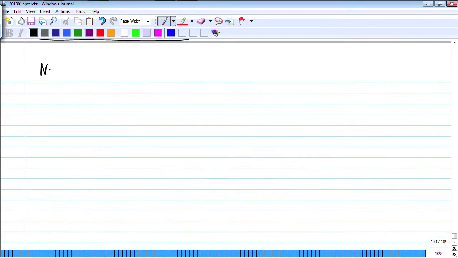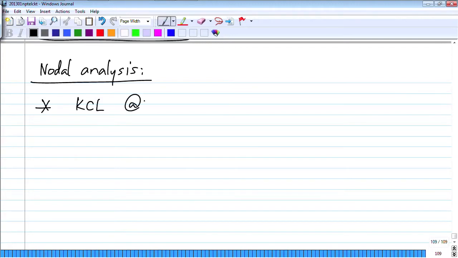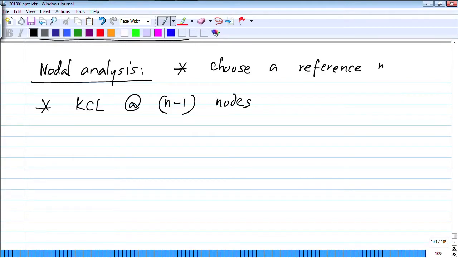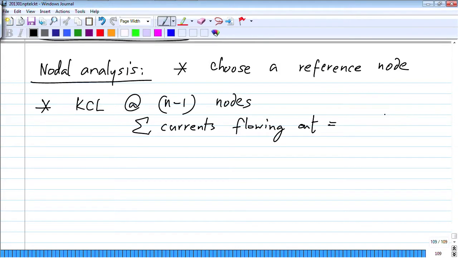So in summary, nodal analysis consists of, first of all, choosing a reference node. You write KCL at n-1 nodes in the form of sum of currents flowing out equals independent source currents flowing in.